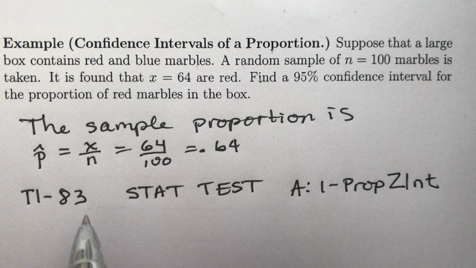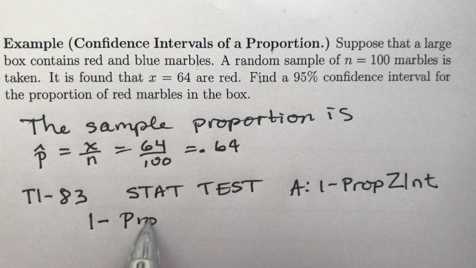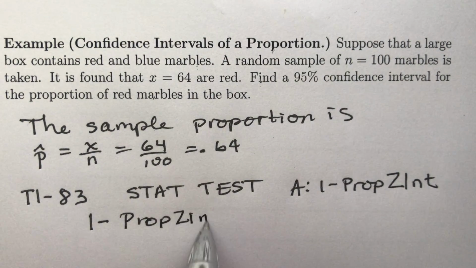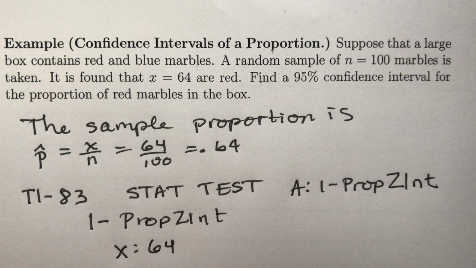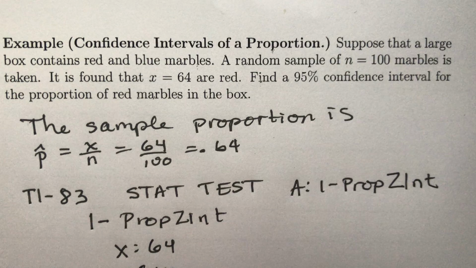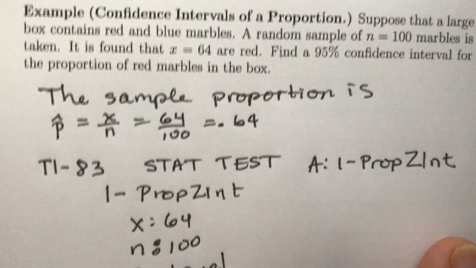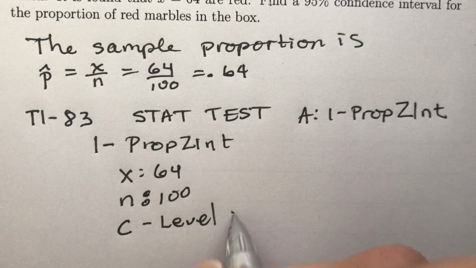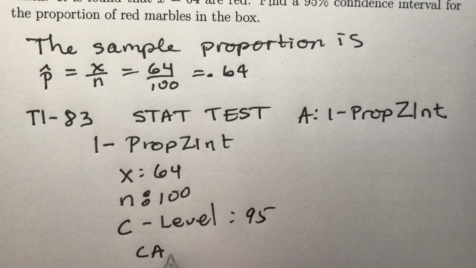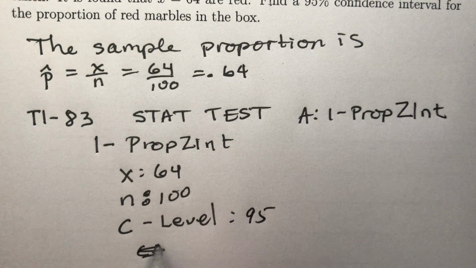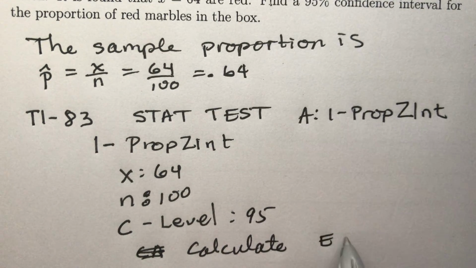It's going to show you a screen which says 1-PropZInt. What you enter there is for x, 64, n, 100, and then C-level, which is the confidence level, you put in 0.95, and then you'll see calculate. Then we'll press enter.